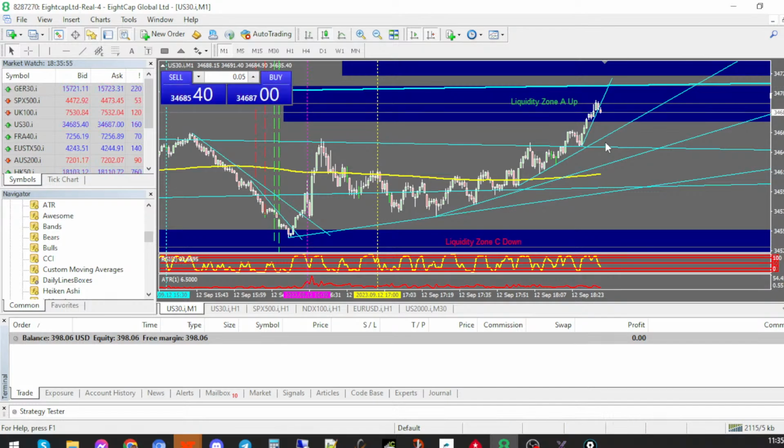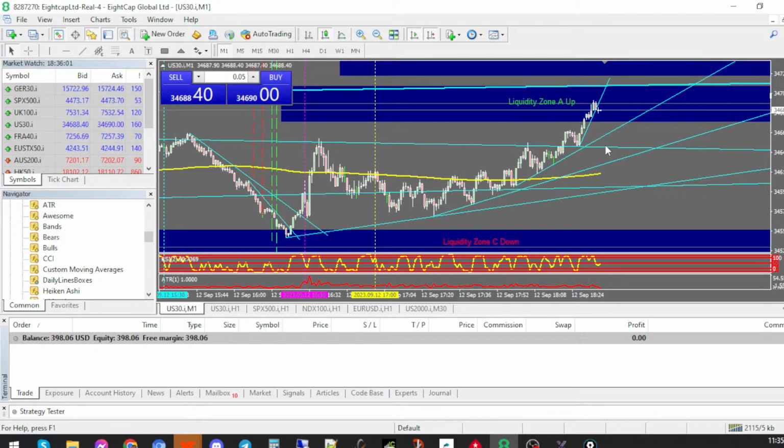Let's see how it plays out. Since that 1 hour time frame is so bullish, I'm going to have to try to protect my entries very soon.